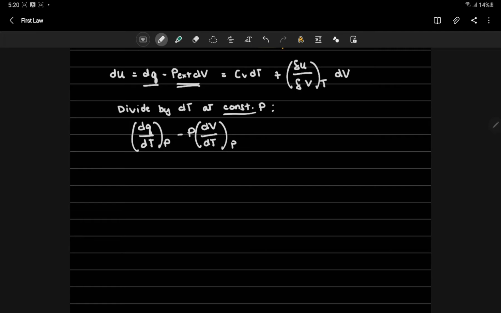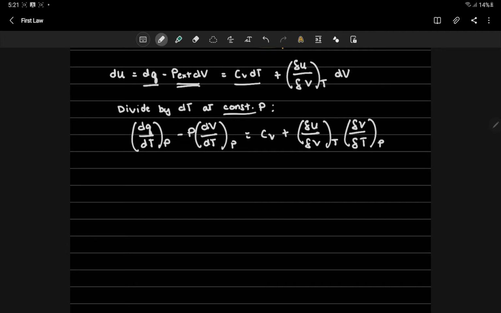Okay, and then we have here Cv dT divided by dT will just become Cv, plus yung last term natin. So, mangyayari dyan is magiging partial derivative of U with respect to V at constant T, and then yung dV magiging partial of V with respect to temperature at constant pressure.